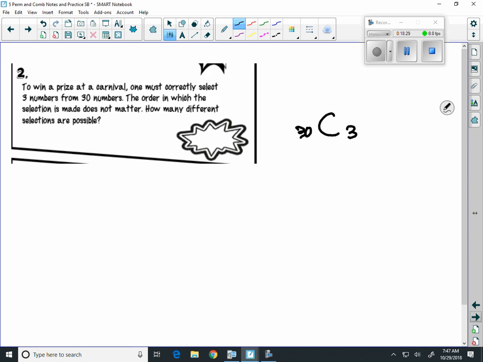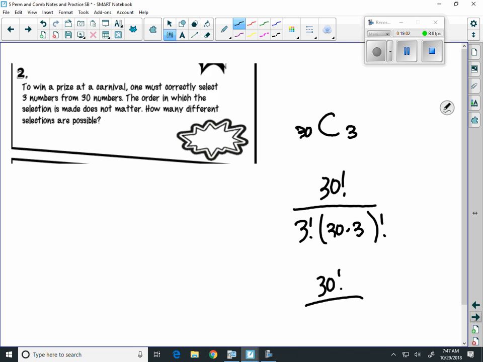Then we put it into our formula. So what goes on top for our formula? The total, 30 factorial. And then on the bottom, we start out with the number that you're going to choose. So 3 factorial. And then inside, it's big minus small. So 30 minus 3 factorial. And then we can simplify it to make it 27 factorial.